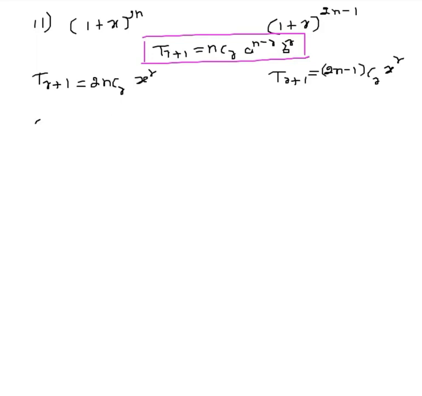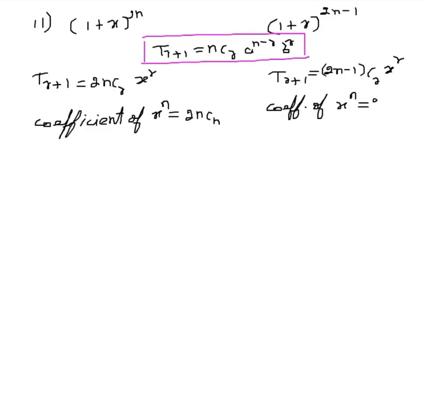Therefore, coefficient of x raised to n will be 2nCn. Substitute r as n. Similarly, in this expansion, coefficient of x power n will be 2n minus 1 Cn.